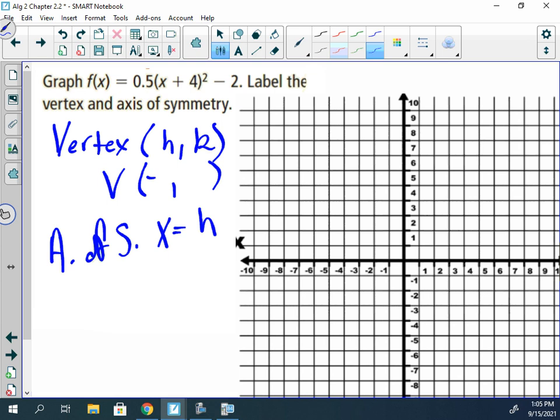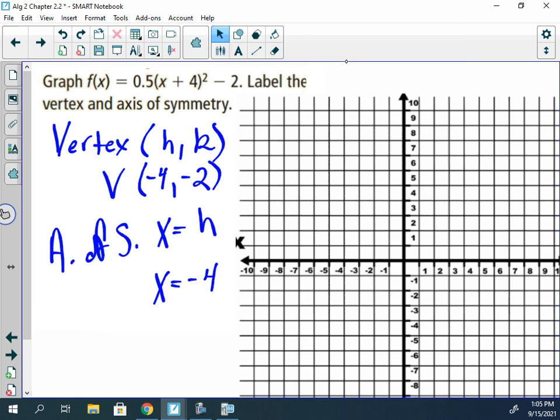Negative 4 and negative 2. And the axis of symmetry would be x is equal to negative 4. And that's it.